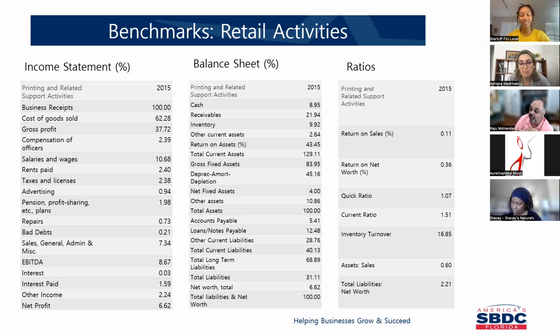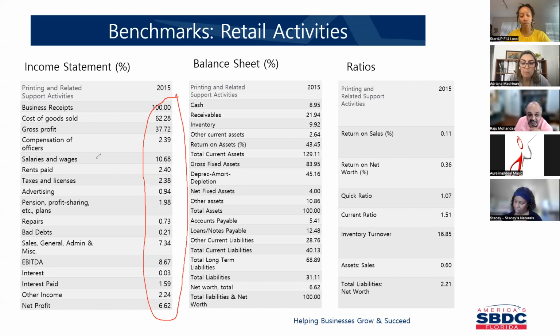And mind you, all of these numbers that you see here are percentages. That's why in all the examples we did up to yesterday and today, all I worried about was percentage. I don't care about the dollar amount. I care about the percentage.